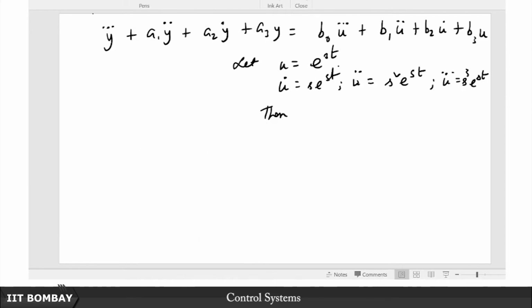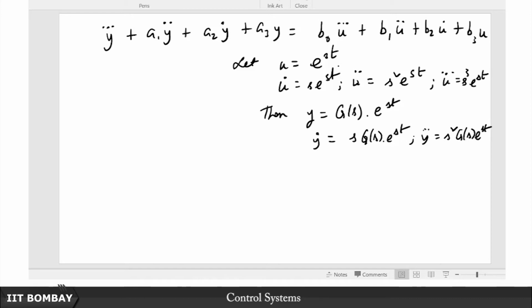So when this is the input, y is nothing but, let me call it g of s to be consistent, not h of s, g of s times e to the st. Then y dot is equal to s g of s e to the st. Similarly, y double dot is equal to s squared g of s e to the st. Remember, these are derivatives with respect to time, so g of s doesn't matter; it is just a constant as far as differentiation with time is concerned. And y triple dot is equal to s cubed g of s e to the st.